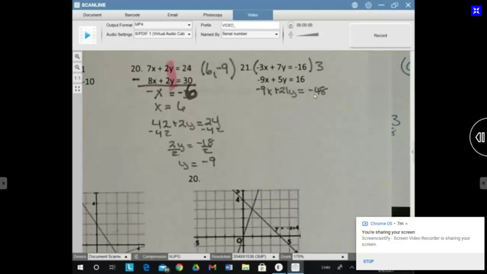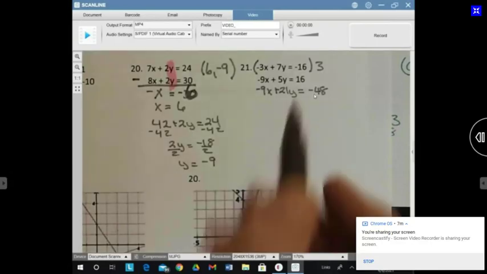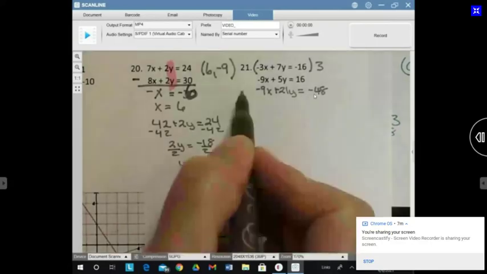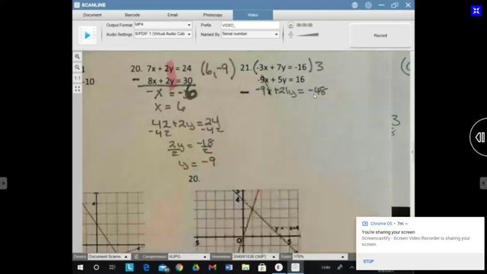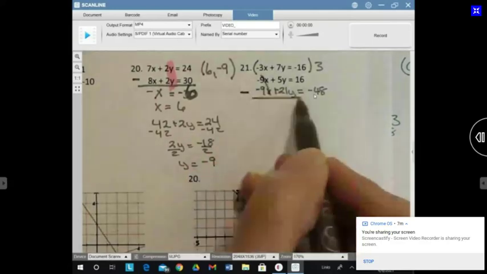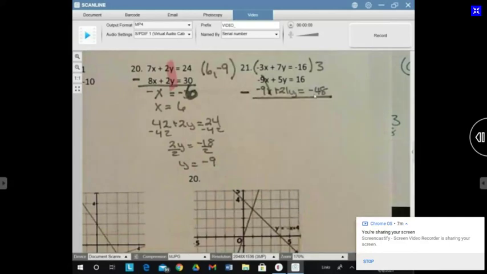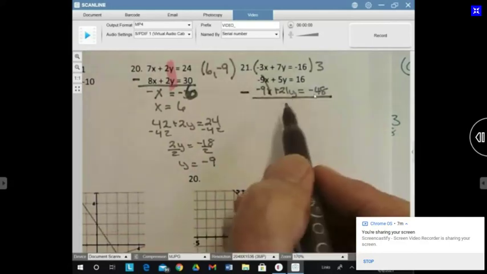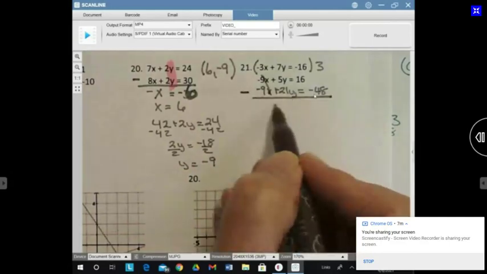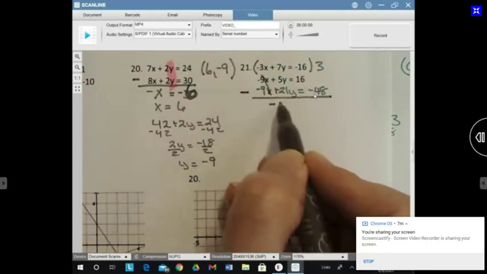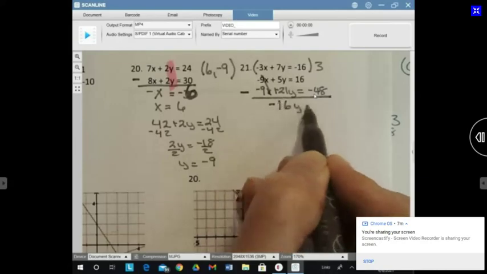Where? Plus. All right. I got to subtract. They're gone. What's 5 minus 21? 5 minus 21. Good. Y equals, okay, be careful on this one.